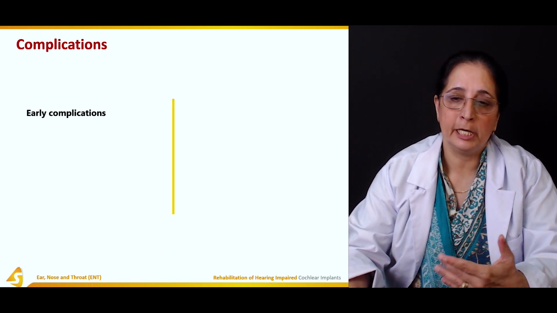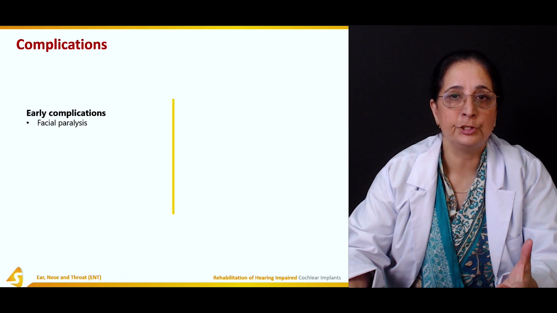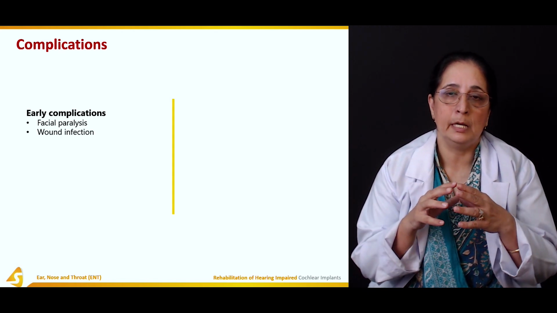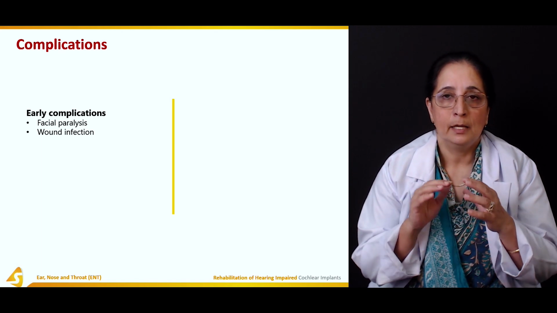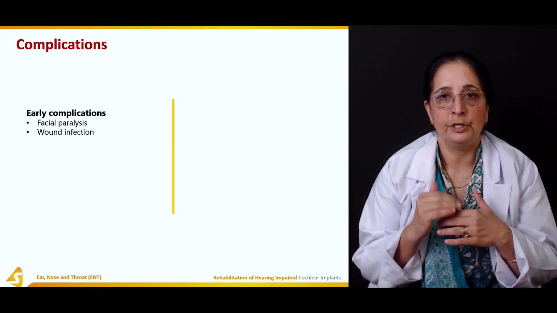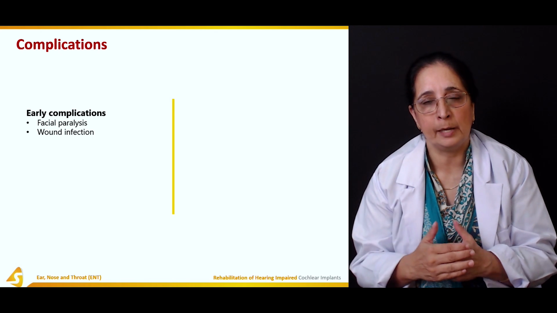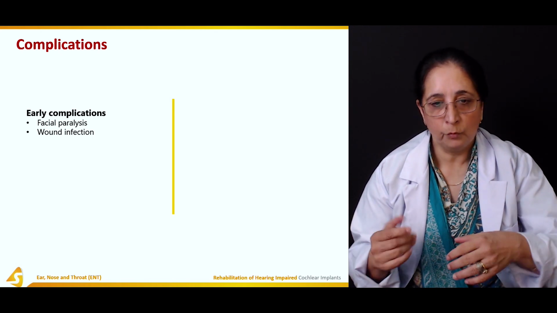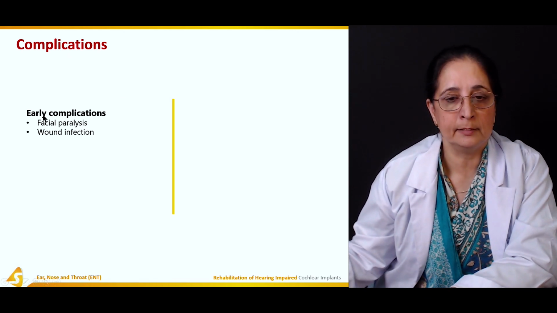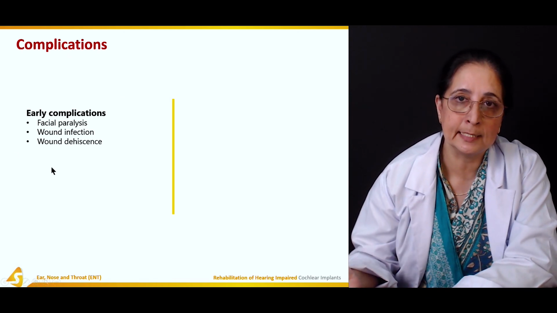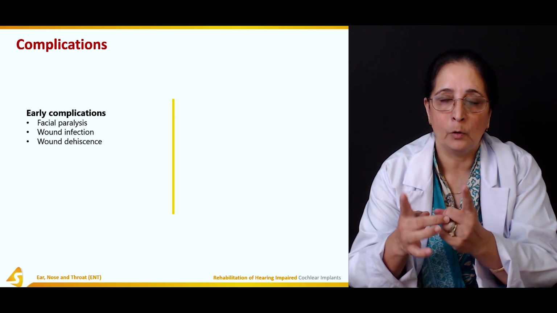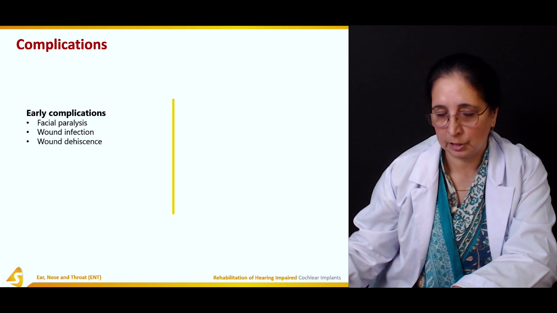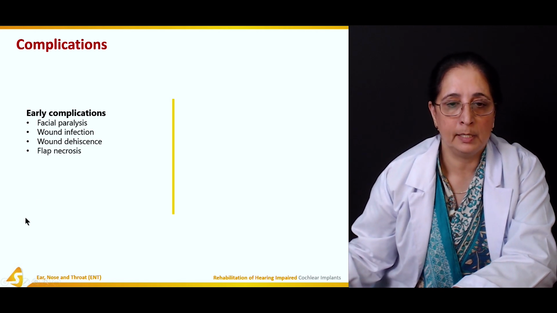Complications. Early complications: we have facial paralysis, especially since we use the facial recess for the approach where the facial nerve is. Any damage or injury can cause facial paralysis. Wound infection, as with any surgical procedure, wound dehiscence, opening of the wound edges, again common with all procedures if it's not properly done.